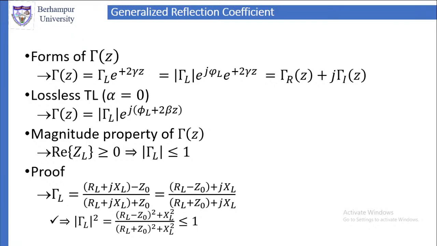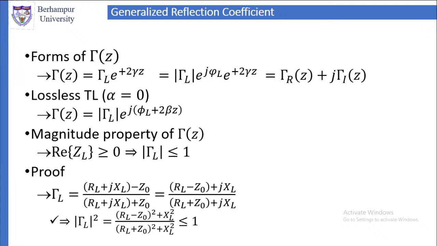Before that, let us see what is the importance of this generalized reflection coefficient, which is gamma Z, that is equal to gamma L exponential of 2 gamma Z. So gamma Z is equal to gamma subscript L into exponential 2 gamma Z. That we can write in terms of absolute value. So if I write absolute value, gamma L is in general a complex number.